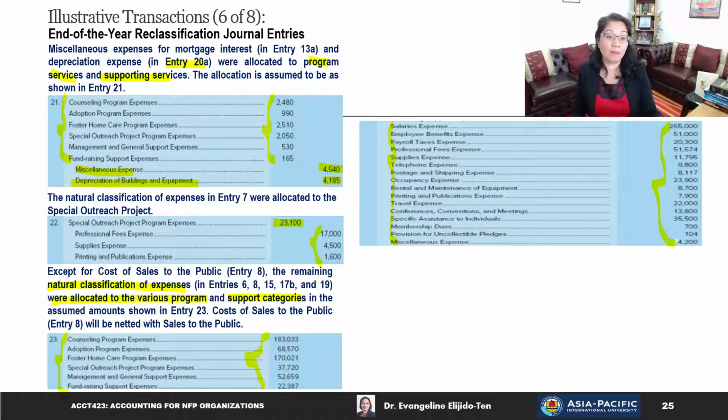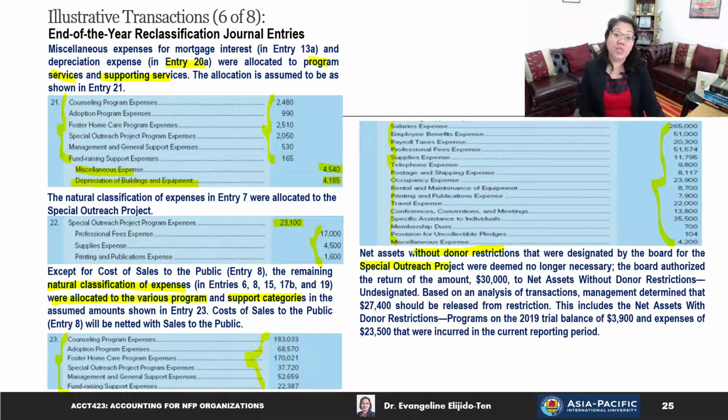the program expenses. Next, the net assets without donor restrictions that were designated by the board for this special outreach project were deemed no longer necessary. So the board authorized the return of the amount of $30,000 to net assets without donor restrictions undesignated. So this is an executive decision made by the board.